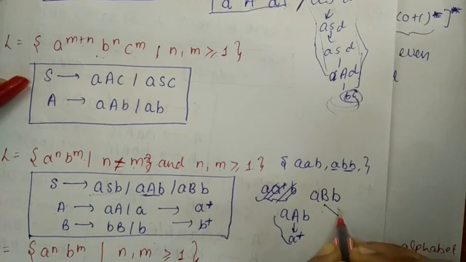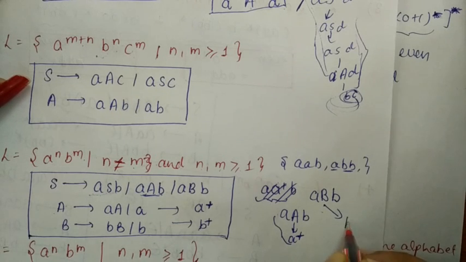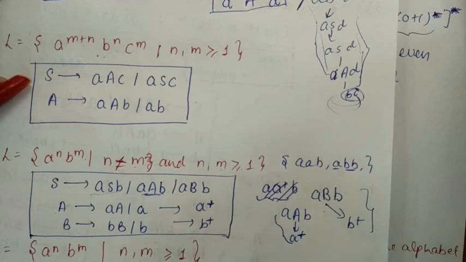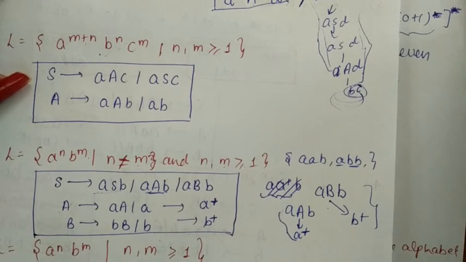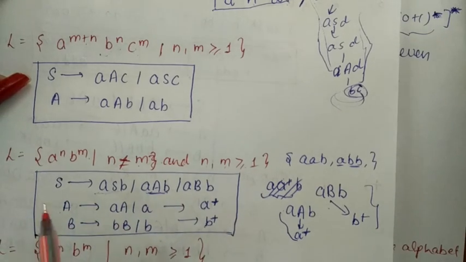And if we replace b by b plus, it will always generate more number of b's. And we have the final grammar like this.